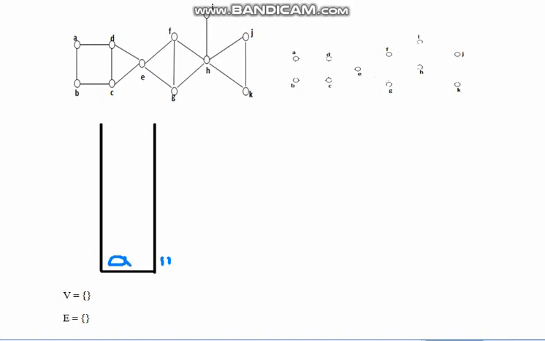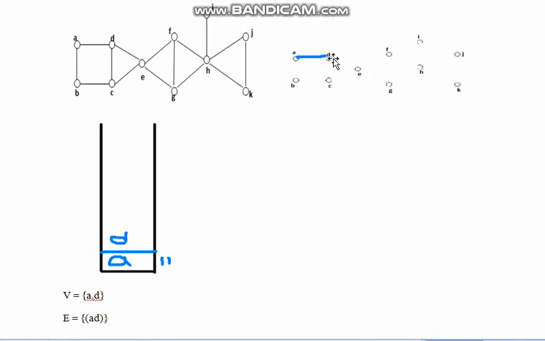The top element is A, hence the vertex set is added with A. From A I have two adjacent non-visited vertices, that is D and B. You can pick any one, so I am choosing D, hence A to D is an edge, and I visited a new vertex, that is D, and I add that newly visited vertex D, and the edge is AD.